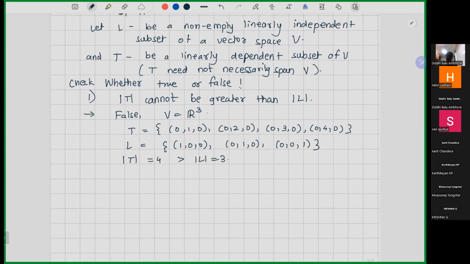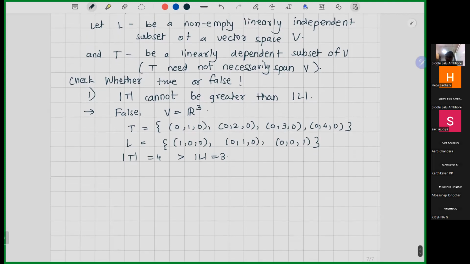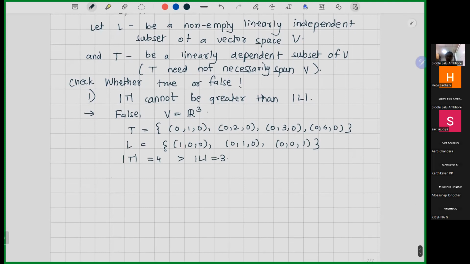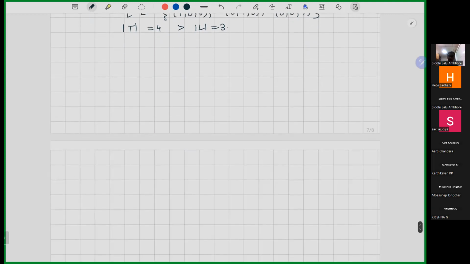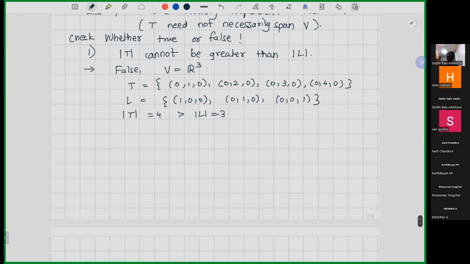So they are saying that T cannot have cardinality greater than L, but this statement is false, because we have the vector space and sets T and L such that the cardinality of T is strictly greater than the cardinality of L. Any doubts here? Hetvi had also suggested that we can take the standard basis of R3. So this is clear, right?